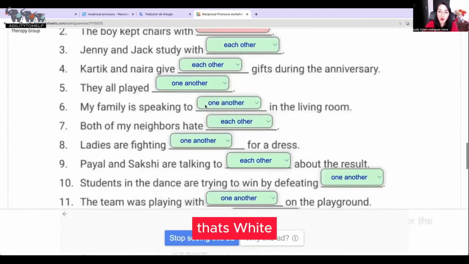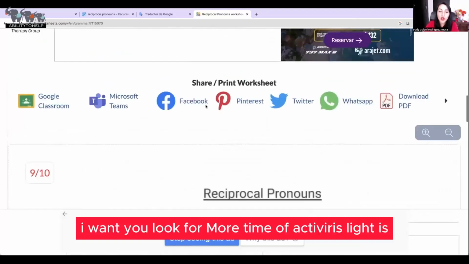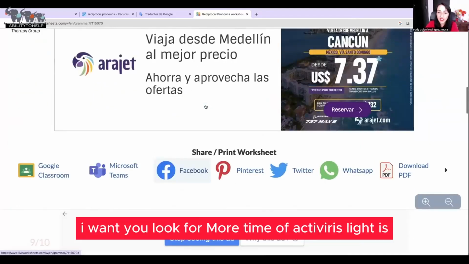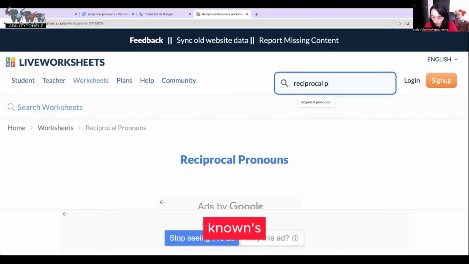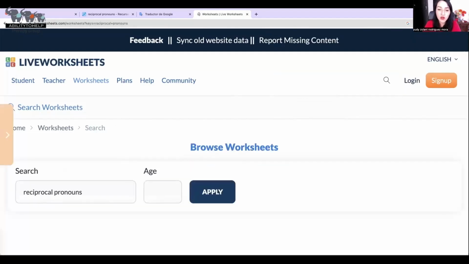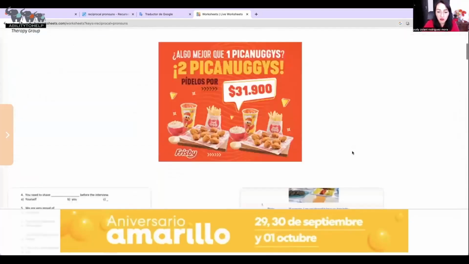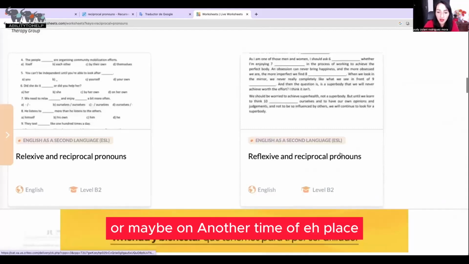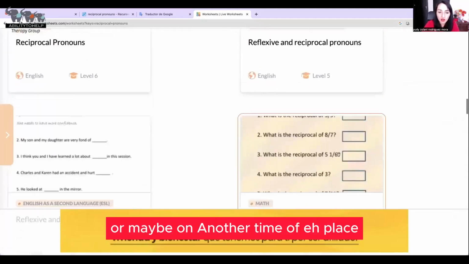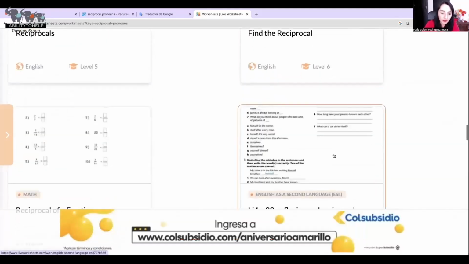So that's why I want you to look for more kinds of activities like this. Please don't forget to write reciprocal pronouns, because this is a simple topic. You could find many activities here in Word Wall, or maybe in another kind of place.